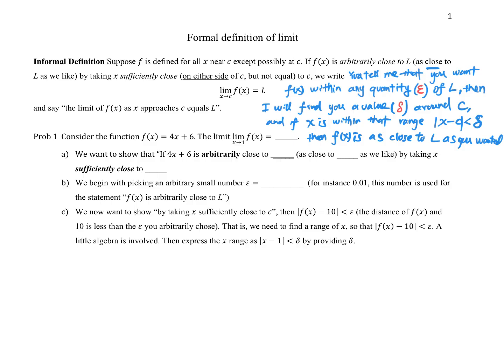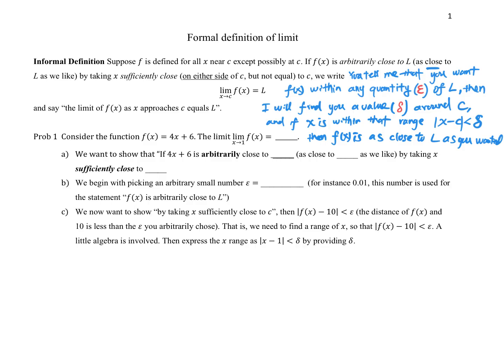Then my function's y value will be within the range to L as you wanted. If I can do that, then that's how I prove that the limit of f of x as x approaches c is equal to L. Again, because the quantity that you provide to me is arbitrary, it can be as small as possible, and I can always do that. That's how we prove that.